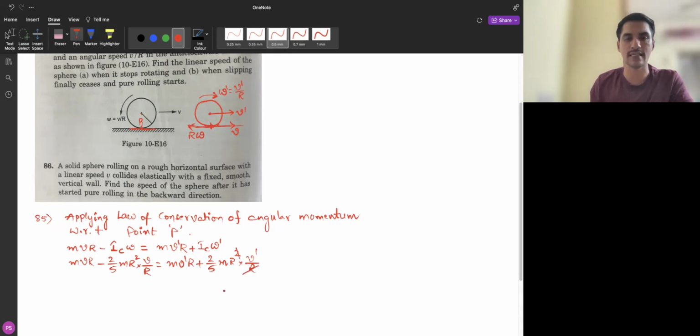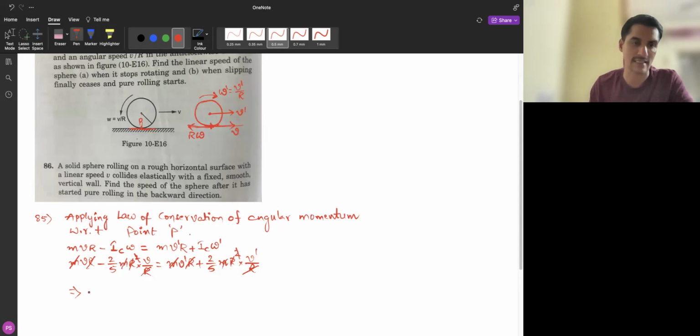Therefore, R square gets cancelled. Here R, here square gets cancelled. And here also R on both sides gets cancelled. Also the mass gets cancelled.